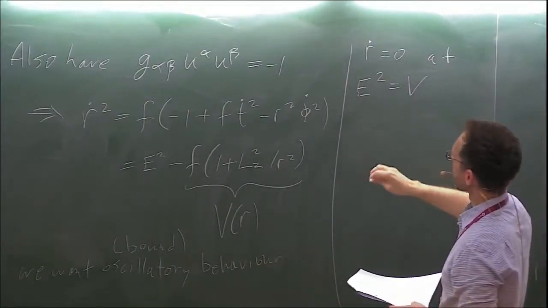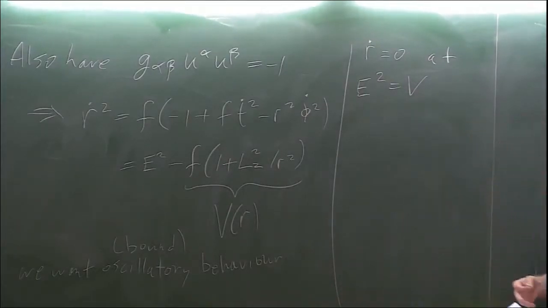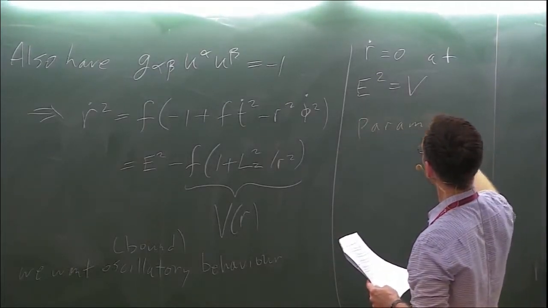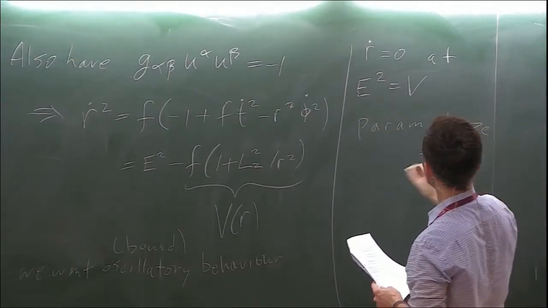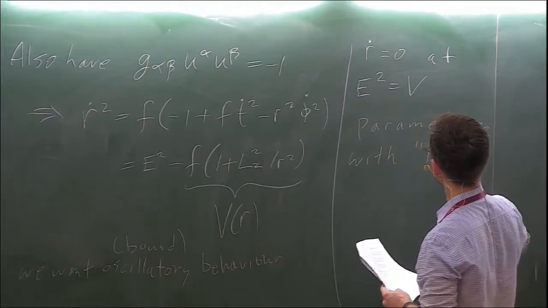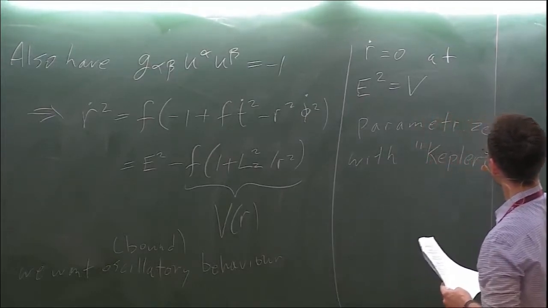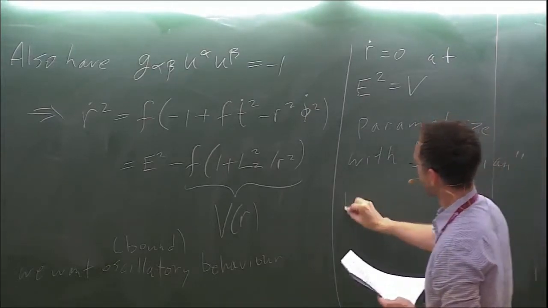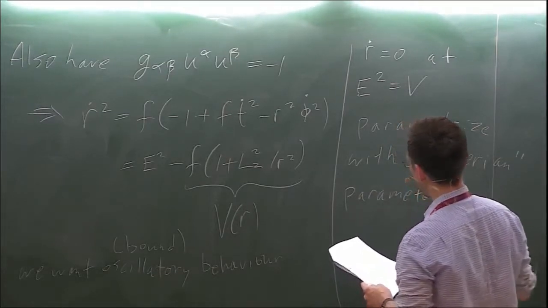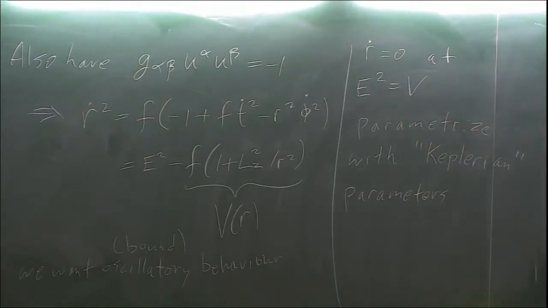Now let's parametrize the orbit in a Keplerian type parametrization. So parametrize with kind of Keplerian parameters. In particular, the eccentricity and the semilatus rectum.